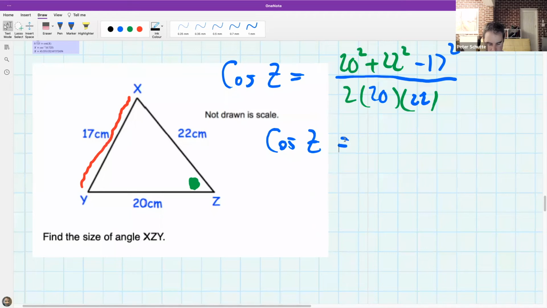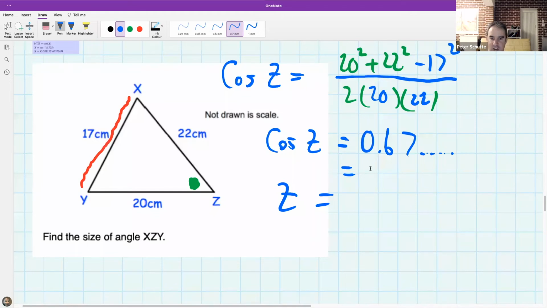So what I would recommend is whenever you use the cos rule in this form, the fraction button on your calculator would be super helpful. And so there's two ways of, what's the decimal? So it's 0.67. Okay, it's going to keep going. I'm just going to use the answer key. Or what you could do, guys, on your calculator, there's a button that says SD. And so you can change it to the SD form.